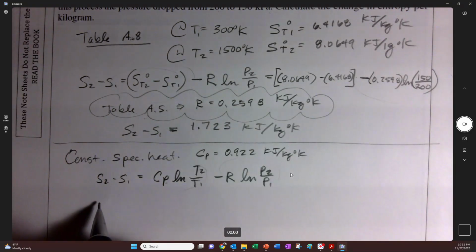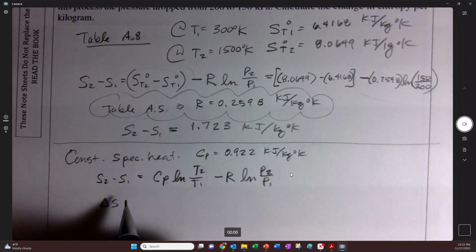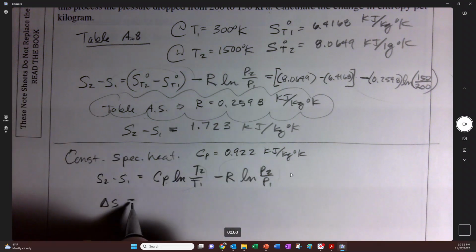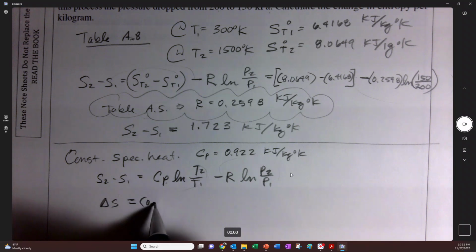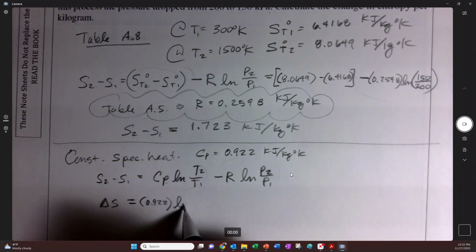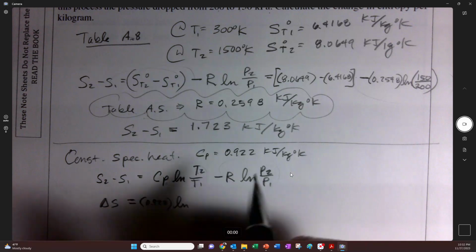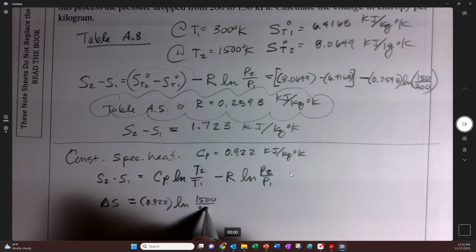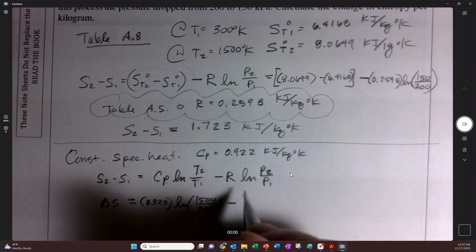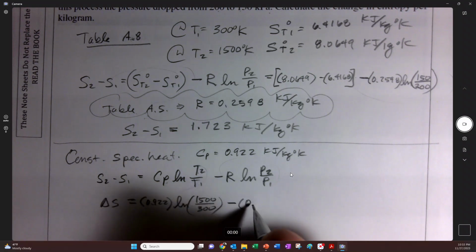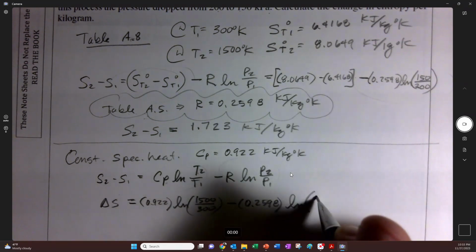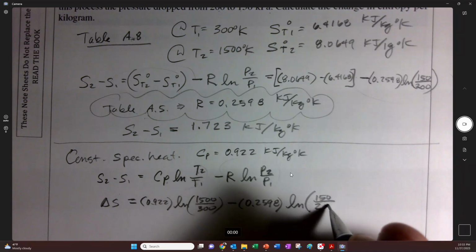All right, so plug those in. I'm tired of writing these down. My pencil's slow, like slow motion. Okay. 0.922 natural log, remember these have to be in Kelvin but they already were, 1500 over 300, and then minus 0.2598 natural log of 150 over 200.